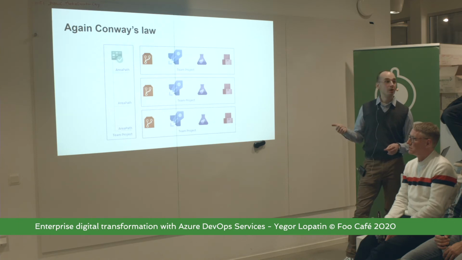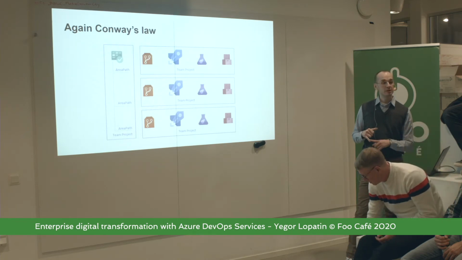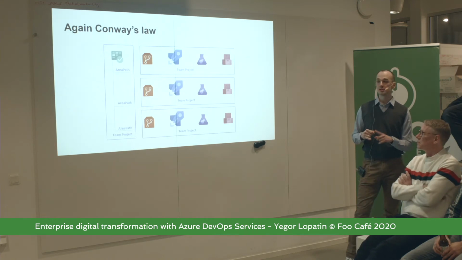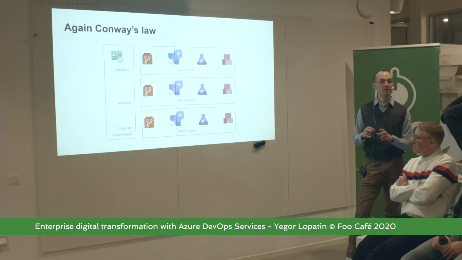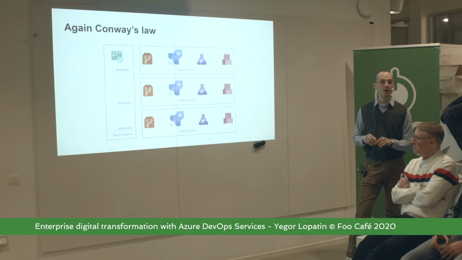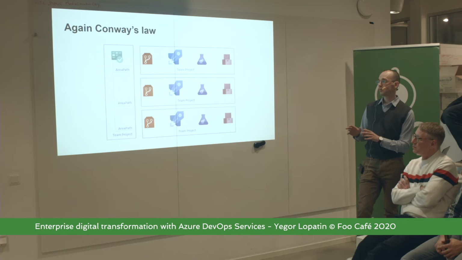And as you know, for those who work with Azure DevOps Services, a process template is applied to a team project. That means one rule for all. You cannot say that someone is more special, or that if you require some features or some flows in your daily life, please give some exclusions just for my department.